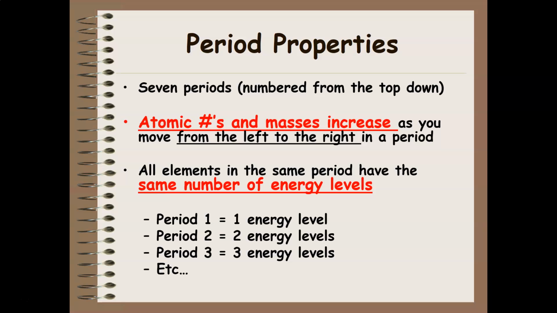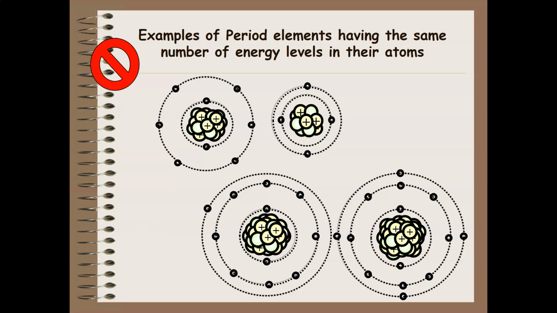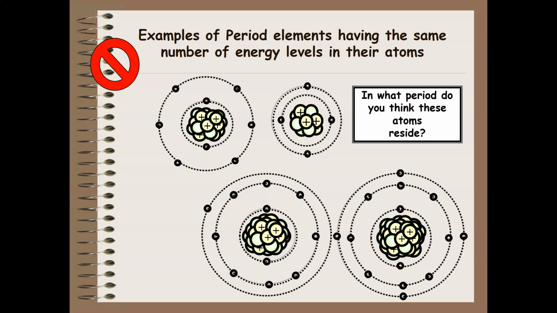Remember, energy levels and orbitals are not the same thing. Energy levels is the bigger, broader category. So you can figure out which period something is in if you can tell how many energy levels it has. That's one of the things that's nice about those simple Bohr diagrams. So we can look at these and figure out that this one must be in period 2 because there are 2 energy levels.